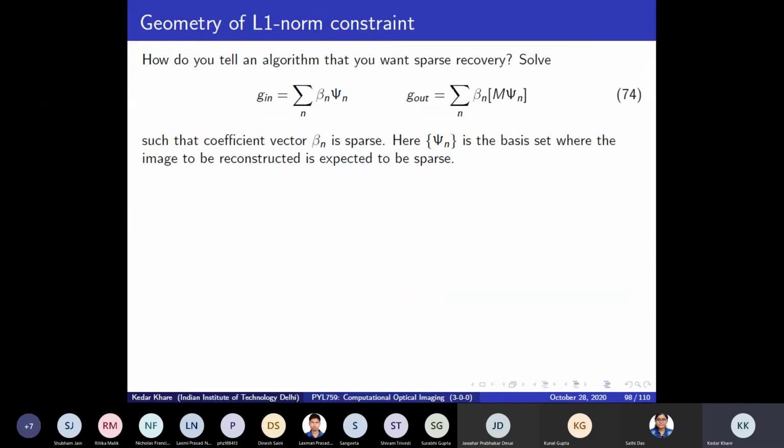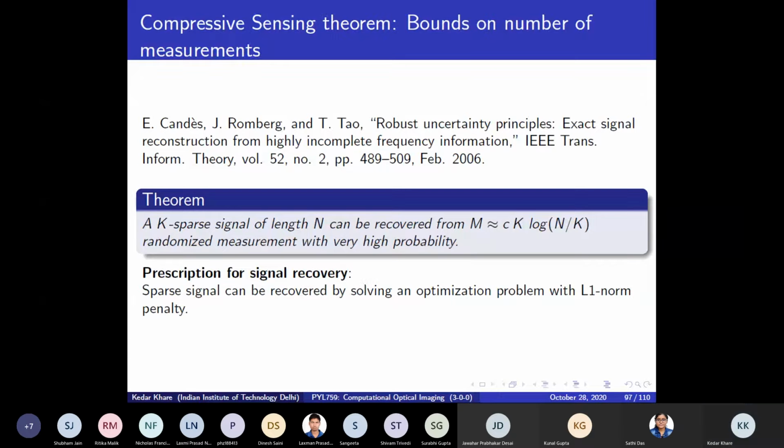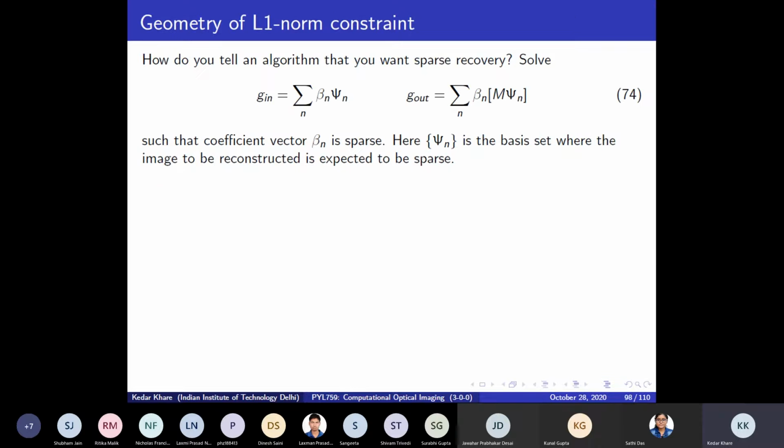and here is a little more explanation, which I think is another important point for you to understand why the L1 norm gave a good sparse solution. The problem we are interested in is this: you expect that the function g in that you are trying to recover has a basis expansion, or linear expansion, in terms of a basis psi n.